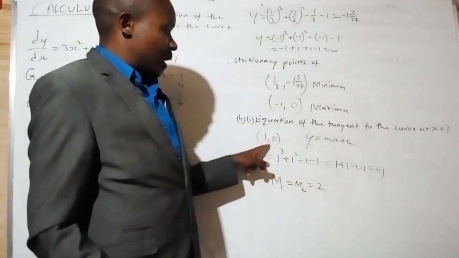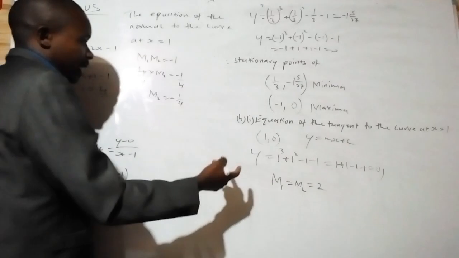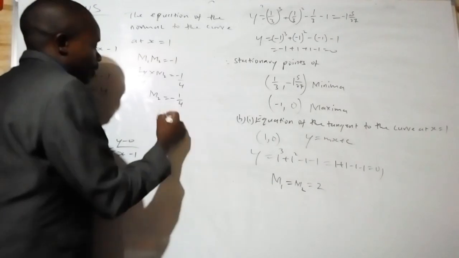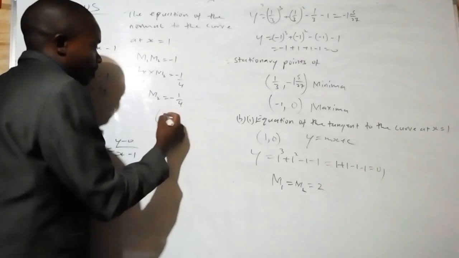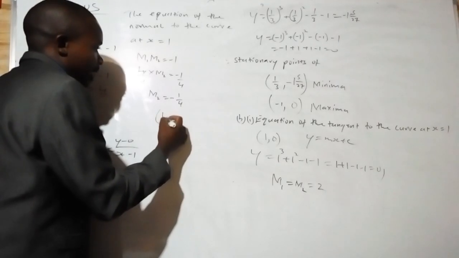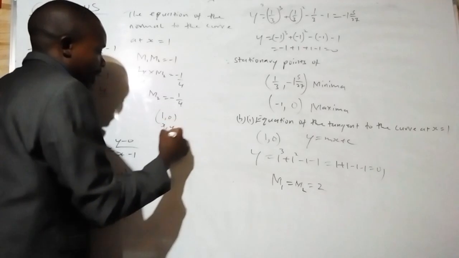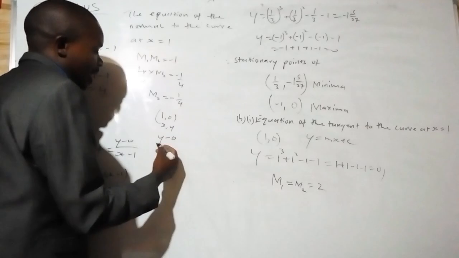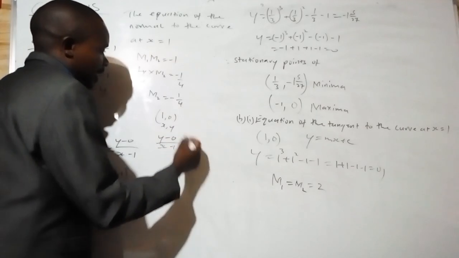We now want to get the equation of that perpendicular normal line. So 1, 0, x, y minus 0. Gradient is equal to change in y over change in x, which is equal to negative 1 over 4.